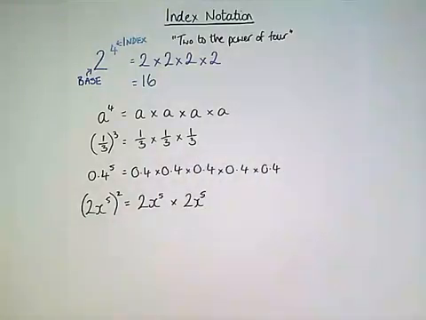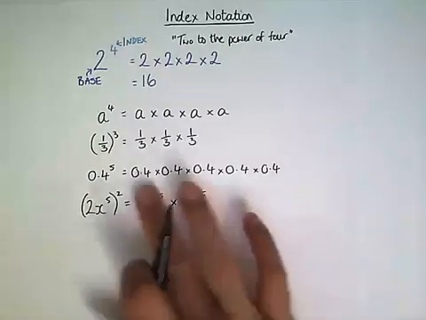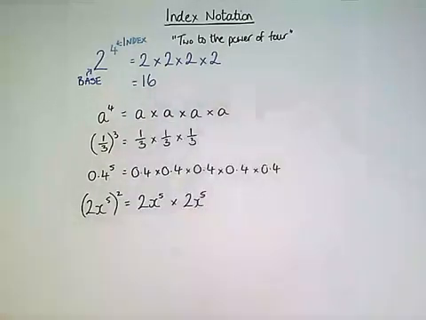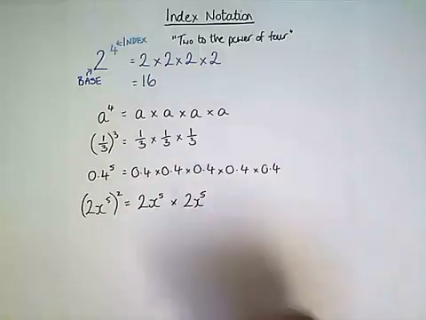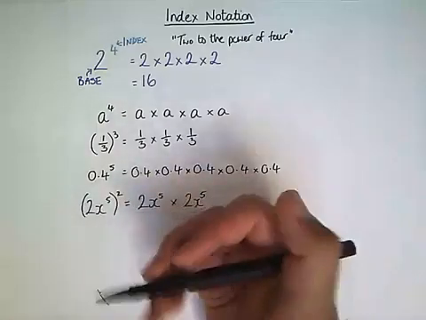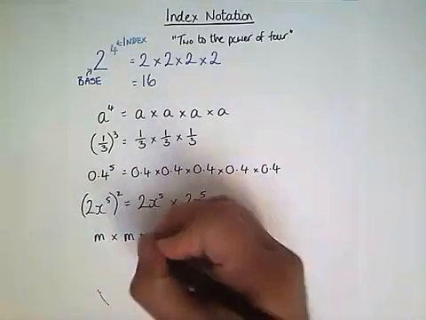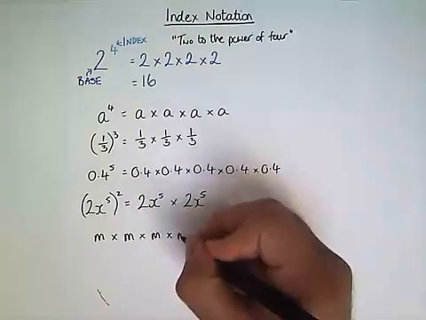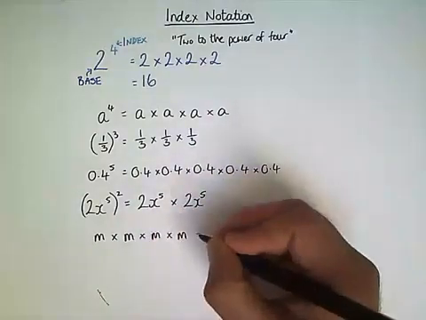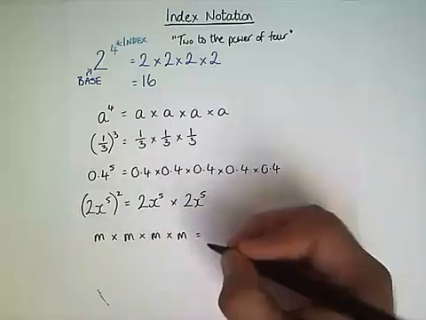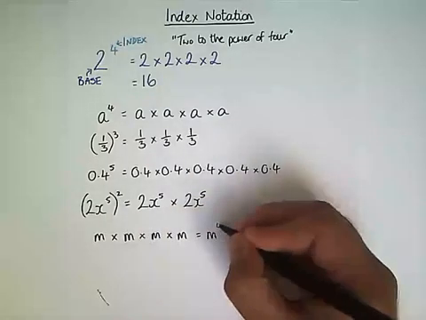What we also need to be able to do is go the other way: potentially have something that's been expanded or multiplied by itself a number of times and put that into index form. So if we just had m times m times m times m, we can hopefully count up how many m's and realize that that is m to the power of 4.